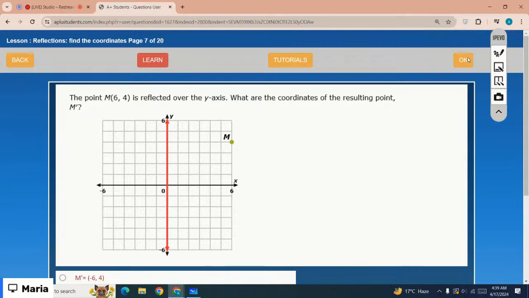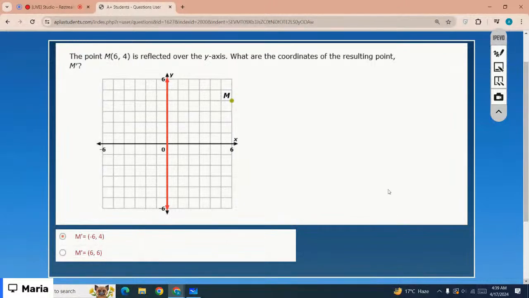The correct option is option number 1, negative 6 and 4.